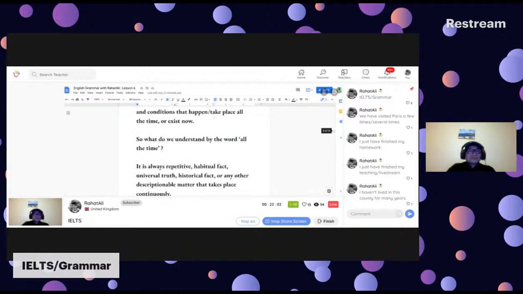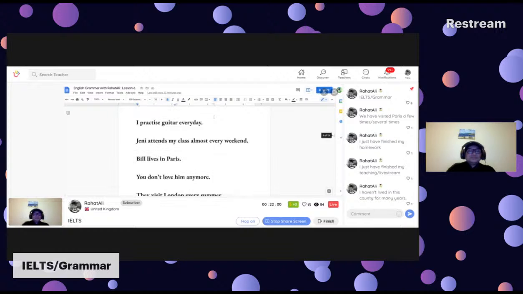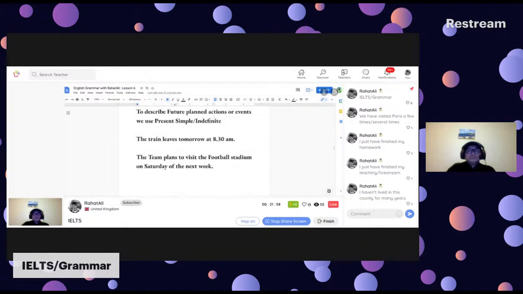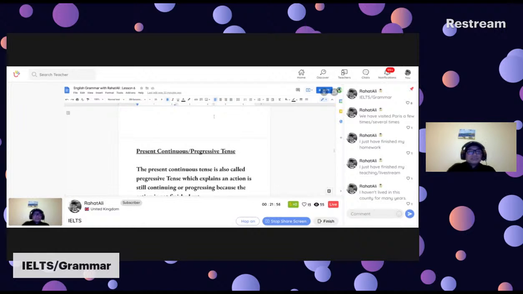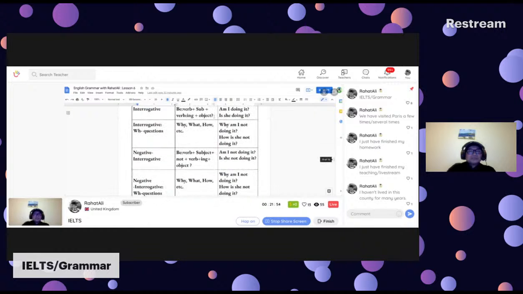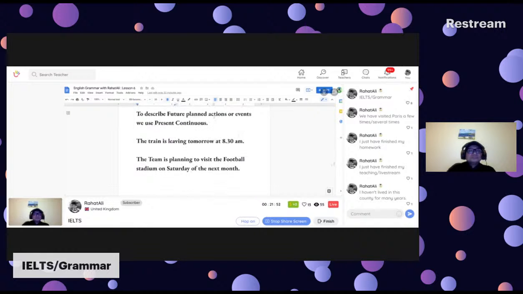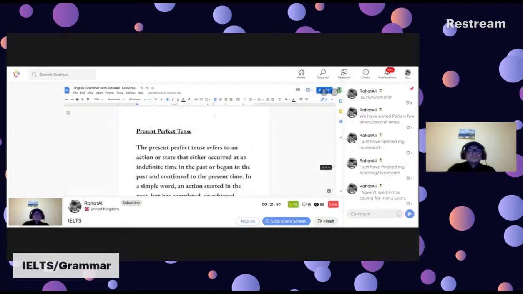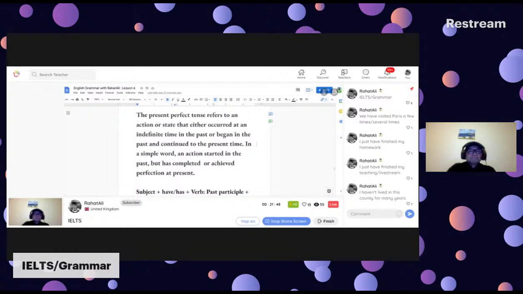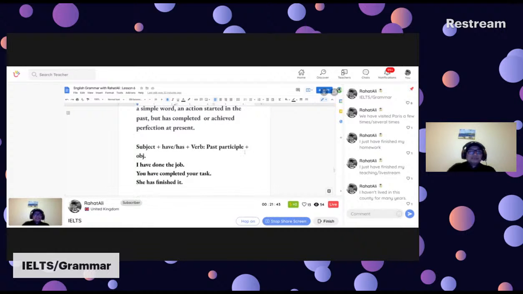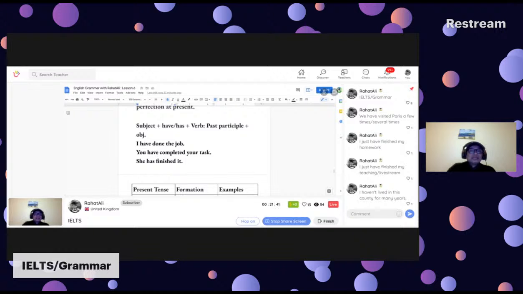Now, present perfect tense. If you remember, we have already explained the basic form: subject, have, has, verb, past participle.